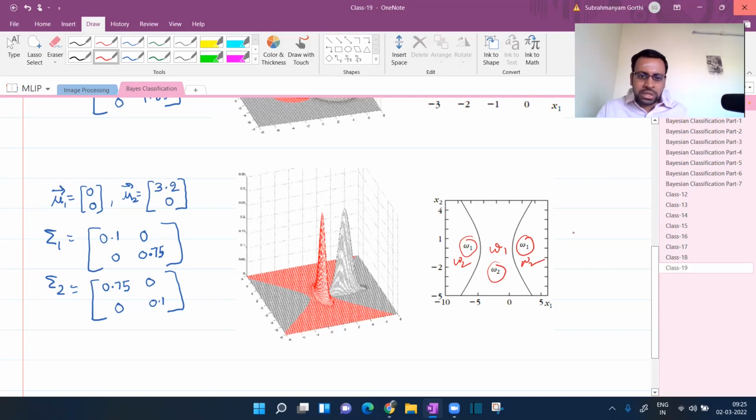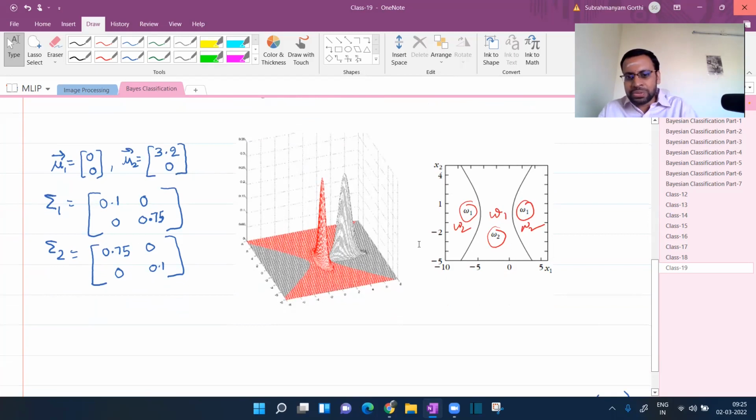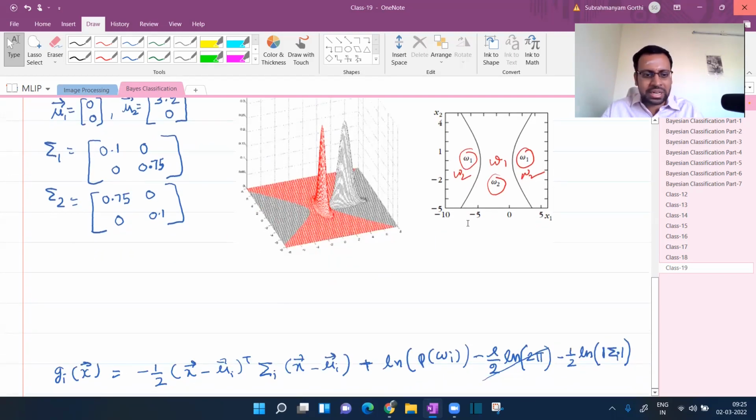Because inside this hyperbola it is this distribution that is more, and that is where you assign it to that particular class, and outside that it will go to omega 2. So that's what I feel is a mistake there. Okay, you think about it, and if you think otherwise, or find a mistake in what I am inferring here, please do let me know in the next class, if not in this class.